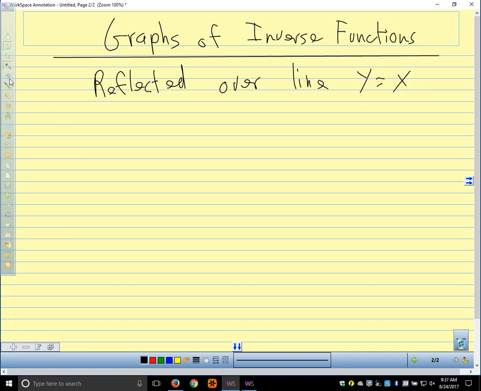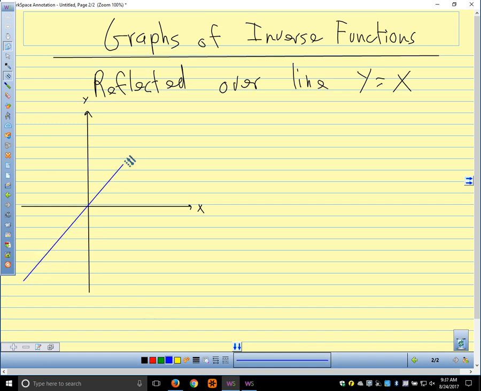So I just want to draw an example here. Here are my coordinate axes, and I'll draw an easy graph. The line y equals x is this diagonal line that goes through the origin. So that's y equals x.